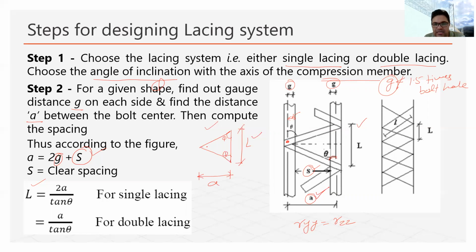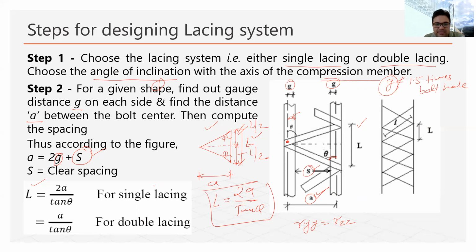So if I bisect this value, it will be L by 2, and this one will also be L by 2. So simply L will be equal to 2 times a tan theta. I have simply done the trigonometry here, so you can try that.